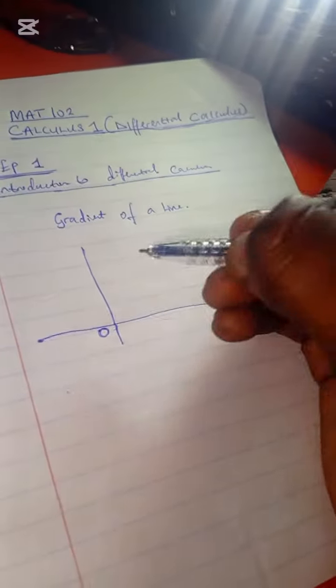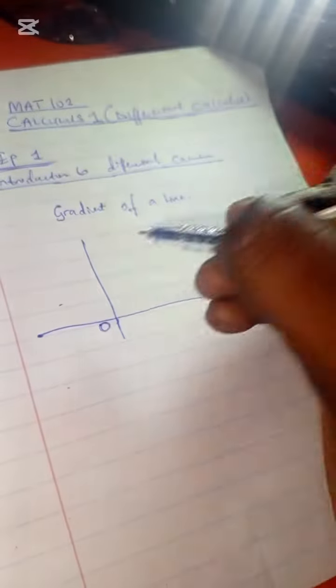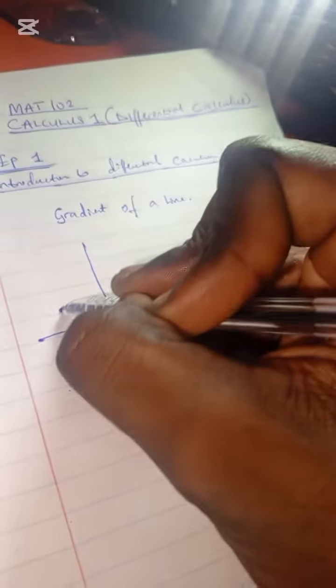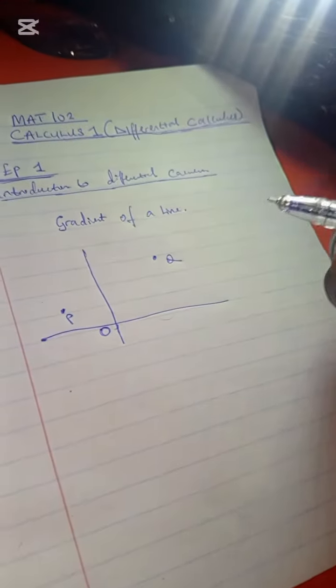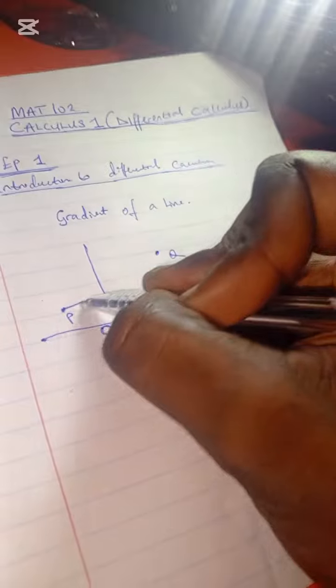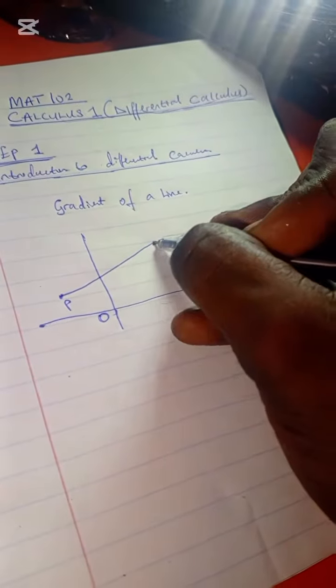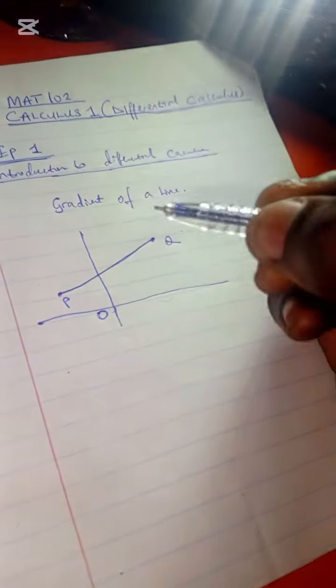Let's say this is the origin, right? Let's assume I have a point P and a point Q. I can connect these points together, forming a line, right?